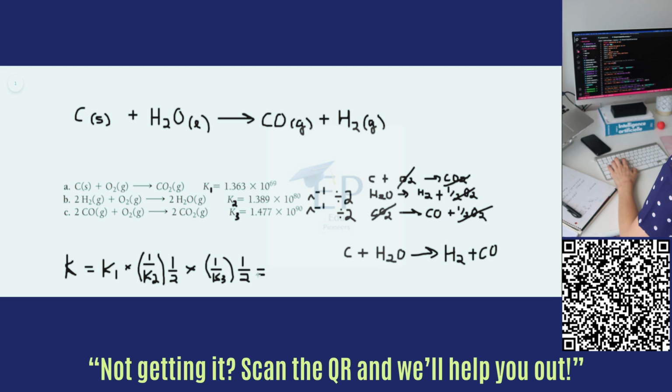If you did each of these, you would get a final answer of 1.66 times 10 to the negative 102nd.